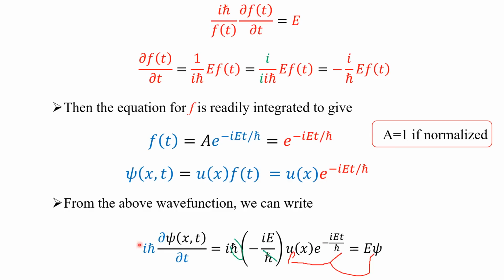Here I have mentioned in the blue color font that i h cross delta over delta t is nothing but the energy operator, the well-known energy operator. If you operate i h cross delta over delta t on the wave function, you will get the energy eigenvalue, so it is called the energy operator.